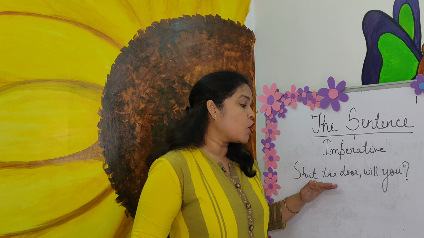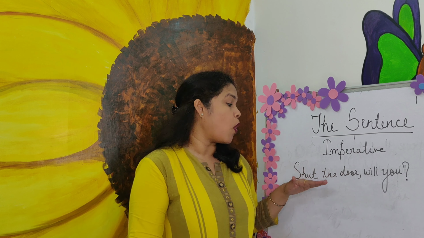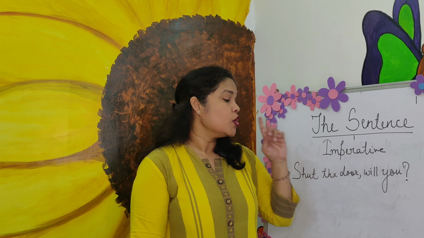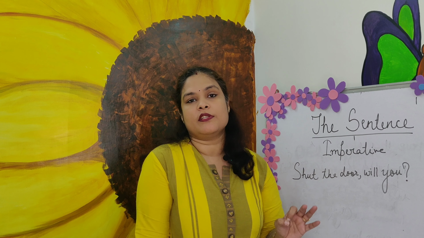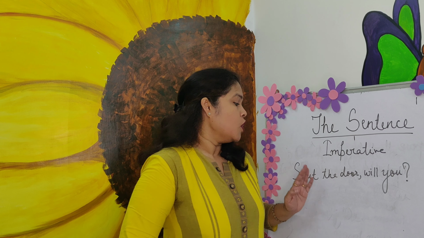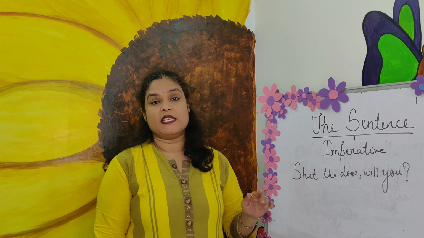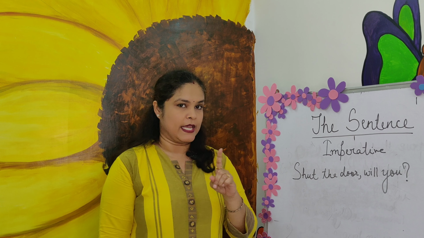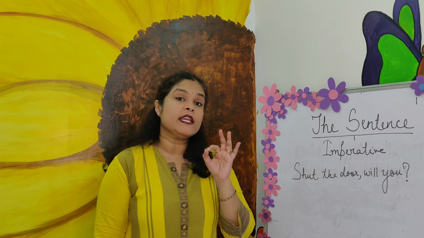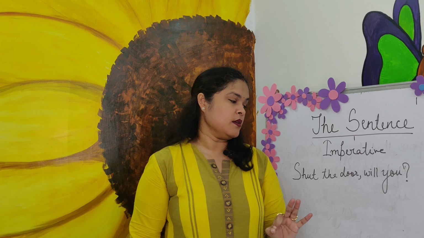But please go through the emotion of the sentence. What is it trying to tell you? "Shut the door" is a command which is being given. It's an instruction. It's an order which is being told to you. It's ending with a question mark, but again it is an imperative sentence and not an interrogative sentence. You really need to focus on that.